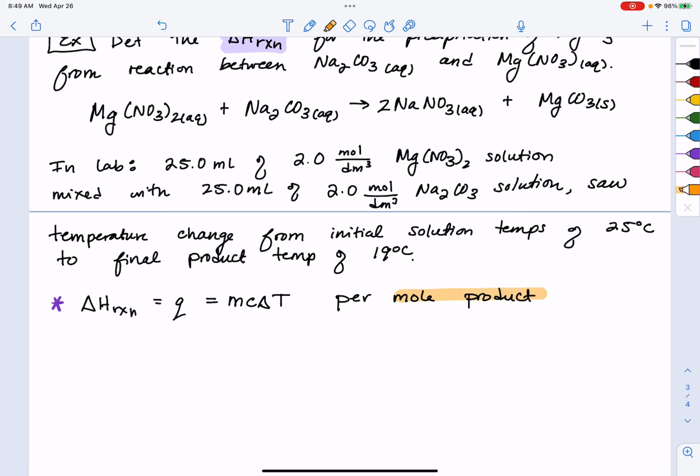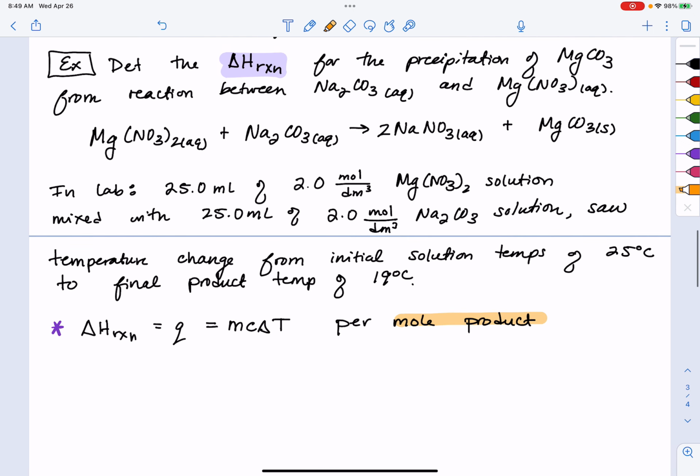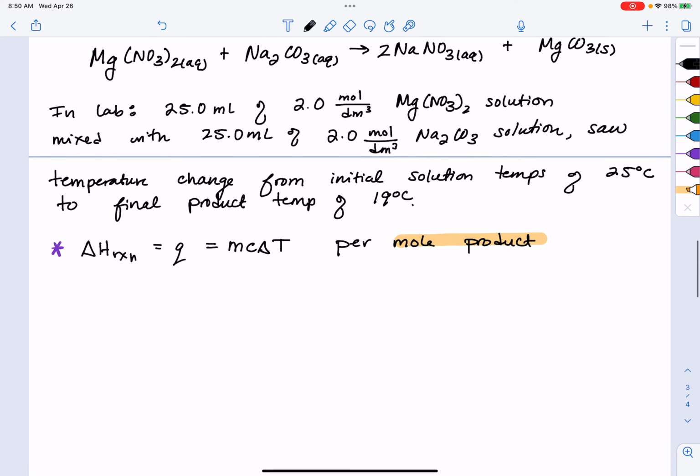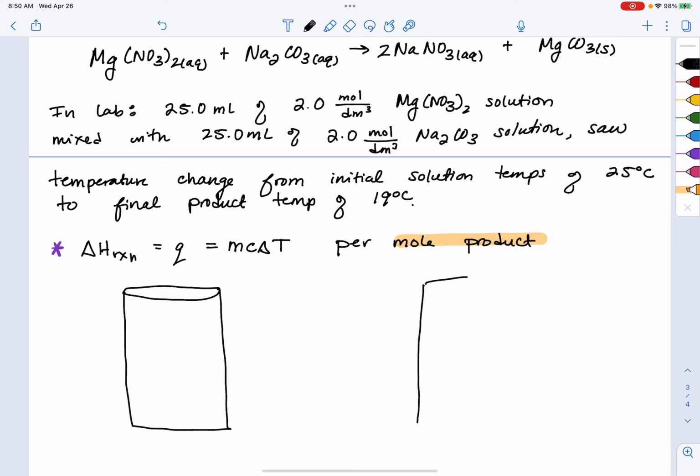All right. So how do you guys want to do this? We could break this up a couple of different ways if you want. Let's start by writing out the following diagram. Let's look at what's going on in the beaker. Always a good idea to think about what's going on in the beaker.